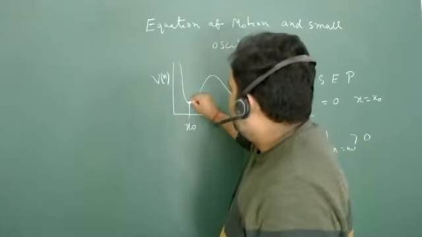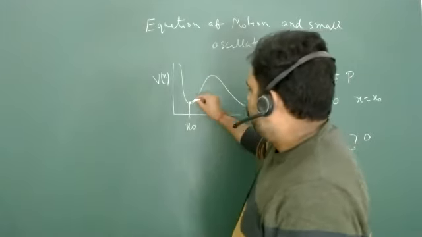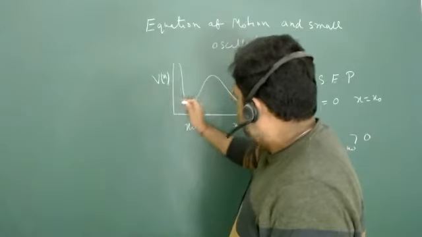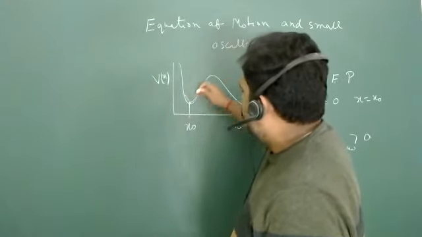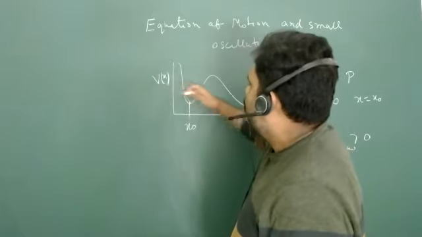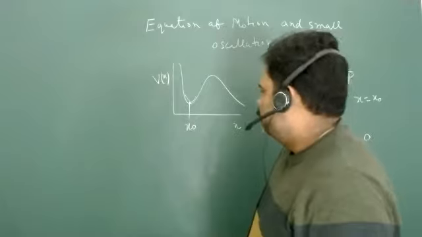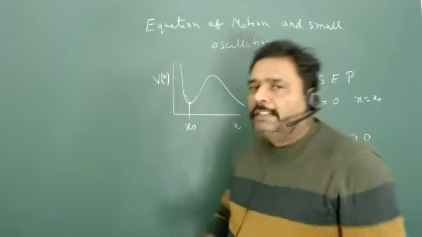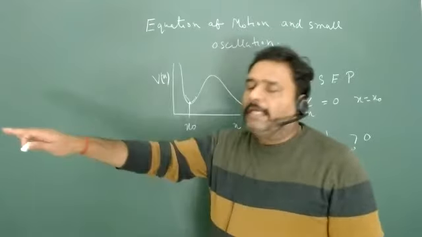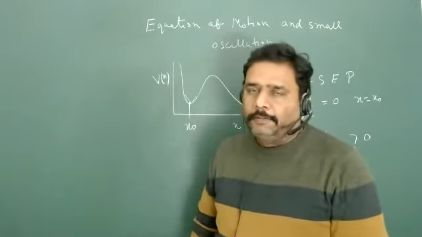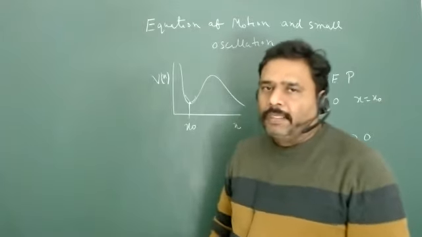If I have a particle here, I will displace it, and it will go up to some limit, and again it will come back, and again it will go in this direction, and come back. So the particle is trapped in this valley, and this point behaves like an attractive point. The particle always tries to go to this particular equilibrium point. We have seen this in our earlier classes.